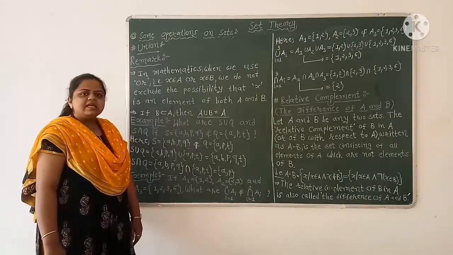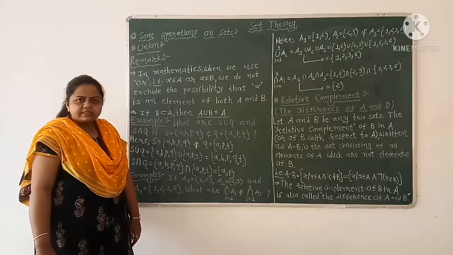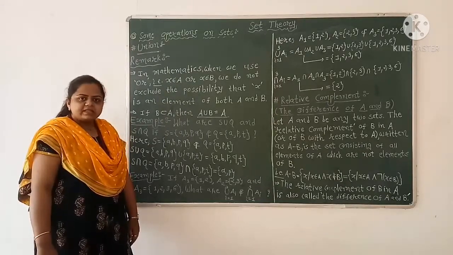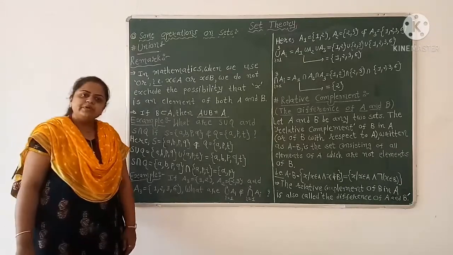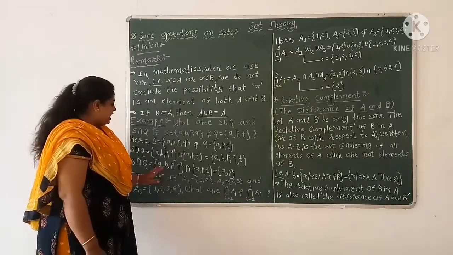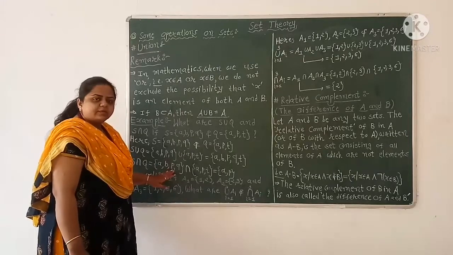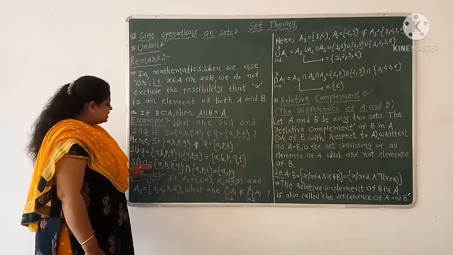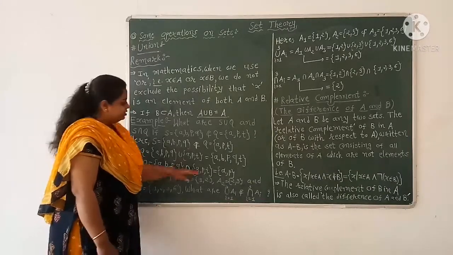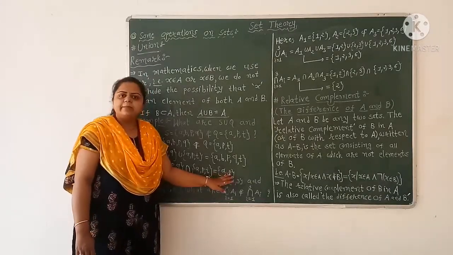That means S intersection Q means the set of elements that are common between S and Q, and here A and P are both in S and Q. So S intersection Q is equal to the set of A, P.